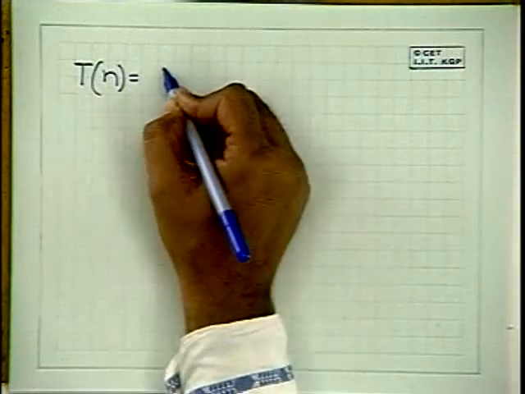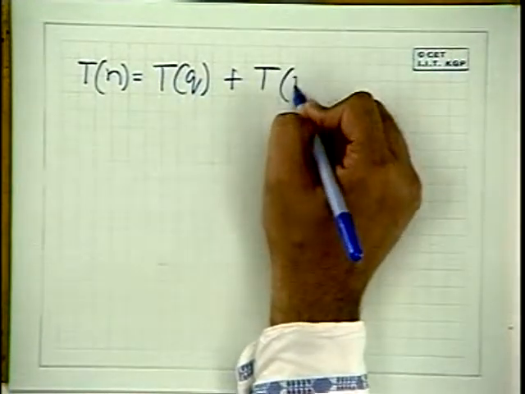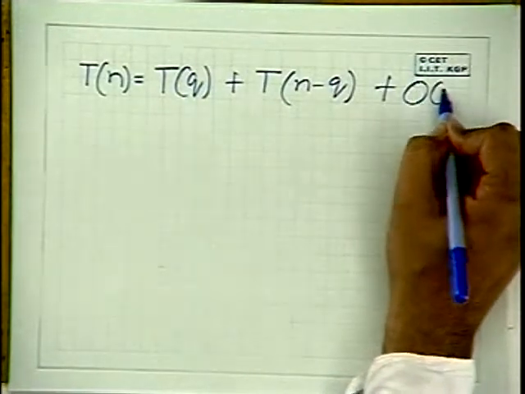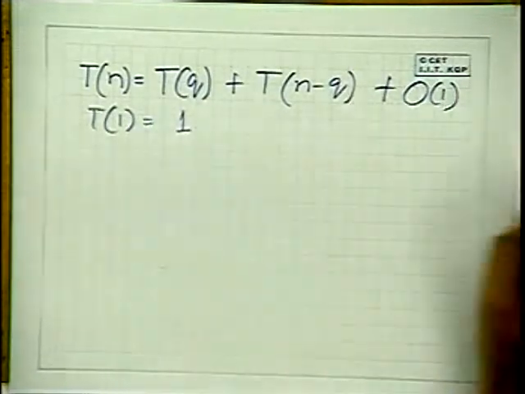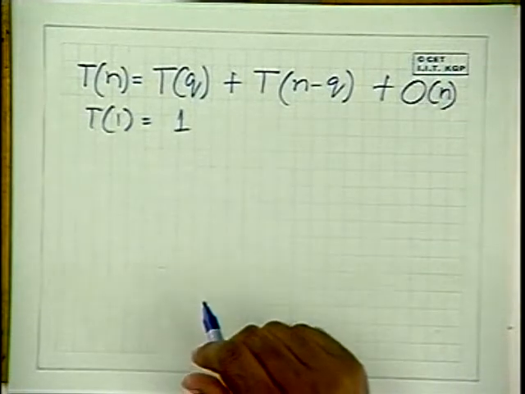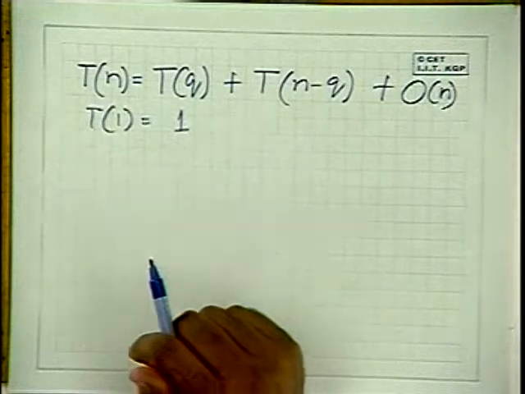T(n) is equal to T(q) plus T(n minus q) plus order of n, and of course T(1) is order of 1, I'm just writing as 1.